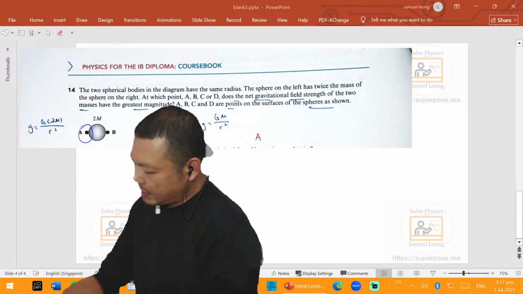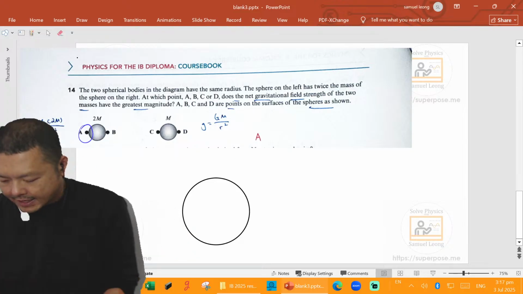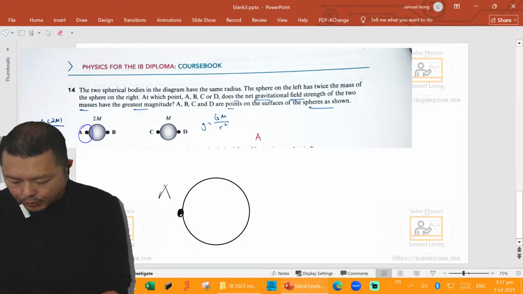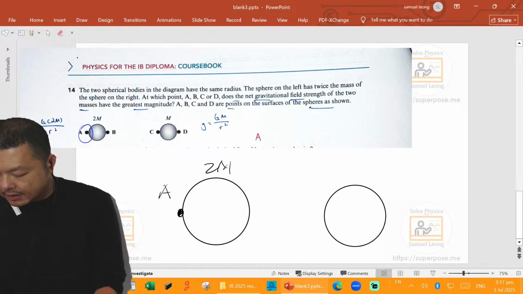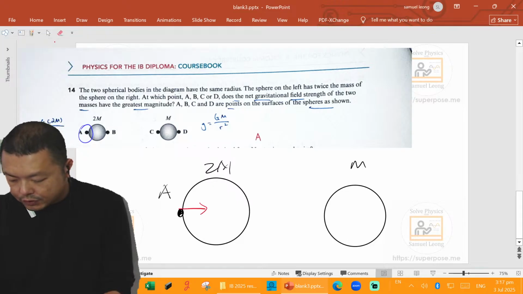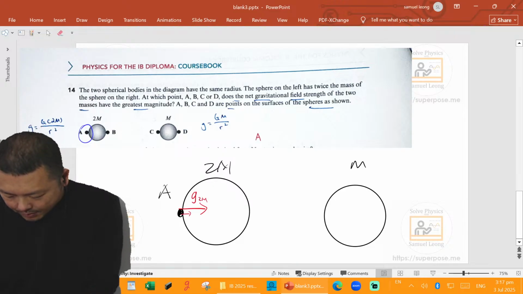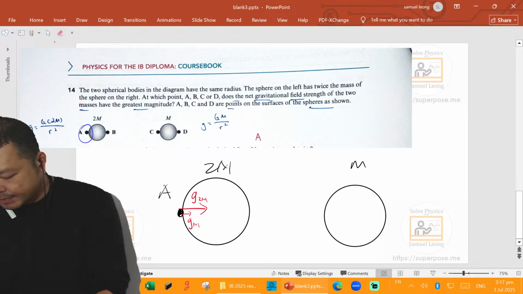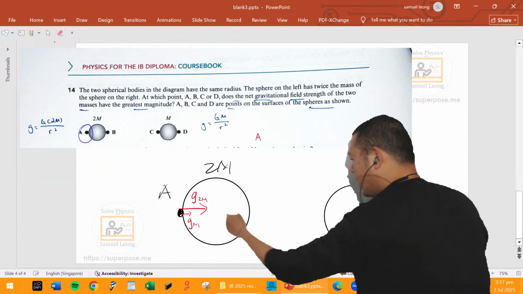Let's say I zoom in a bit, and this point here is A. This is the 2M mass, and this is the M mass. There is a G field strength due to the 2M, and then there will be a little bit of G field strength from the M, because A is quite far away from the M.